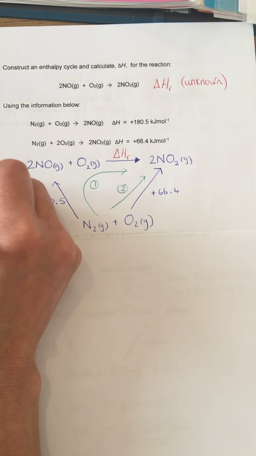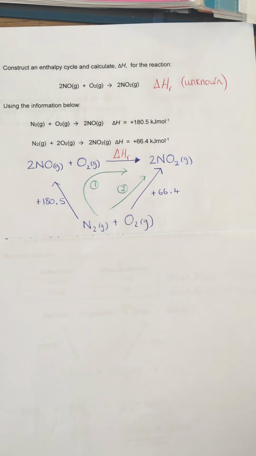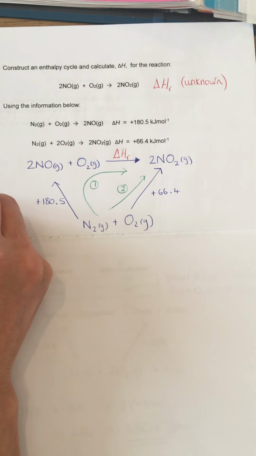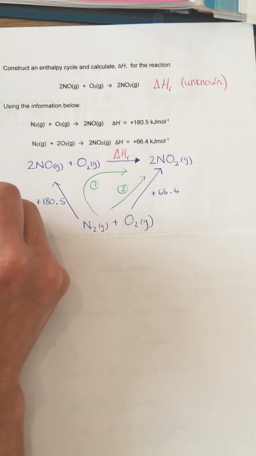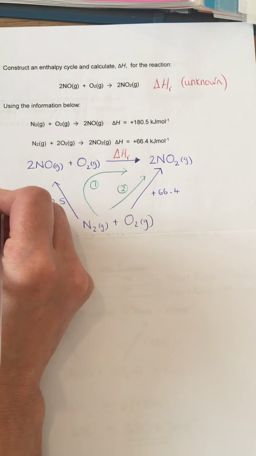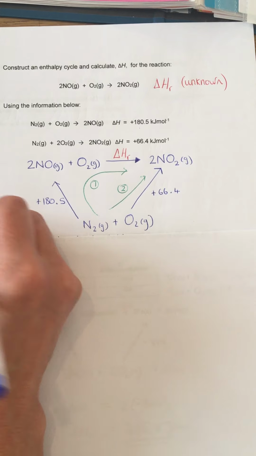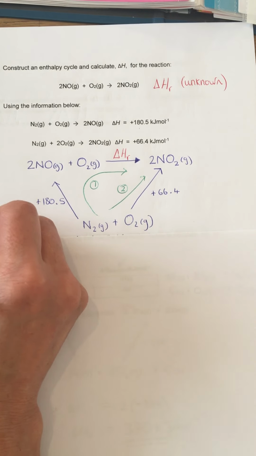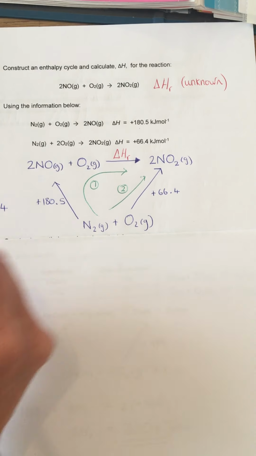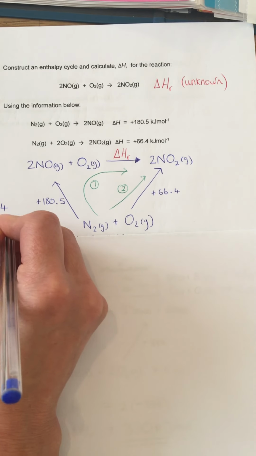And we remember that route 1 is equal to route 2 in terms of its enthalpy changes. So we've got 180.5, that's this one, plus our delta HR is going to be equal to the 66.4. And if you rearrange that to get delta HR, you get minus 114.1.